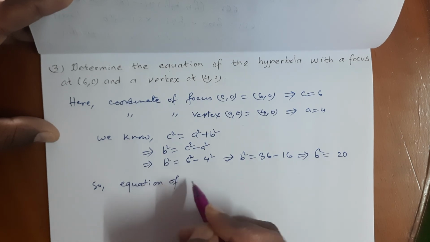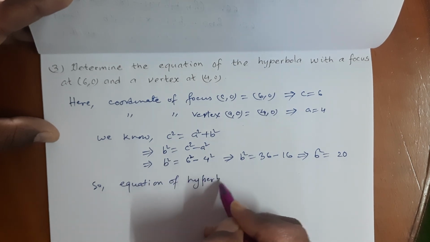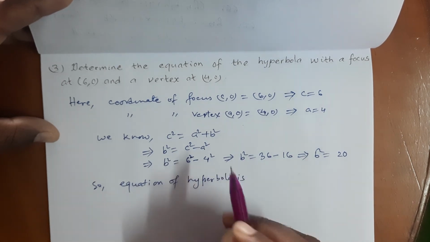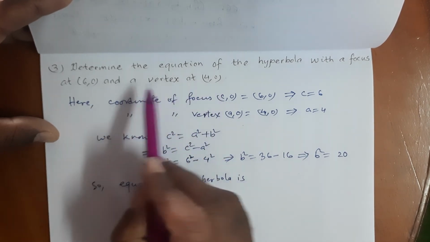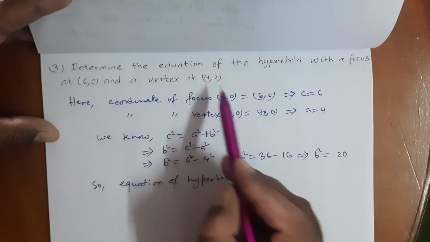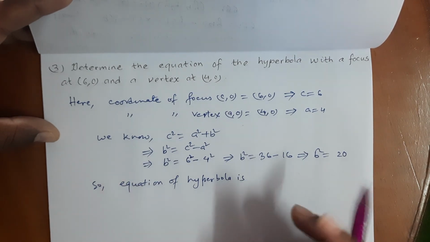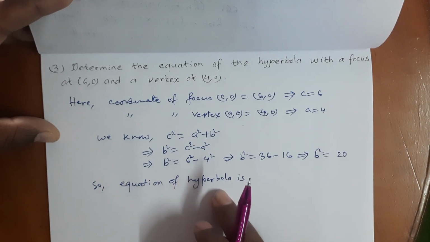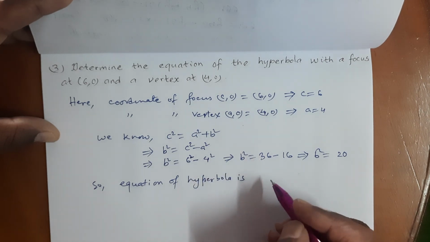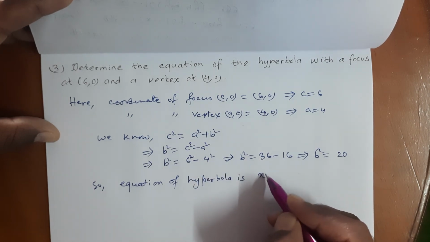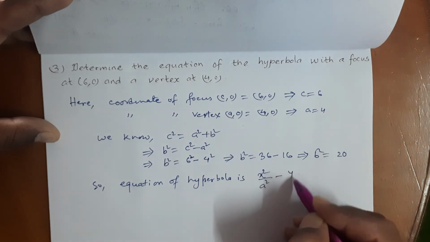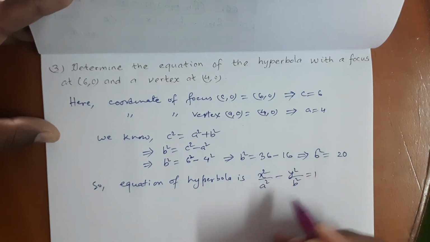And so the equation of the hyperbola: here vertex and focus both are on the x-axis, so the transverse axis is along the x-axis. So the equation of a hyperbola with transverse axis along the x-axis is x square over a square minus y square over b square equals 1.